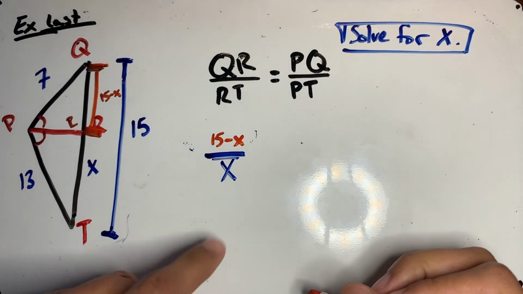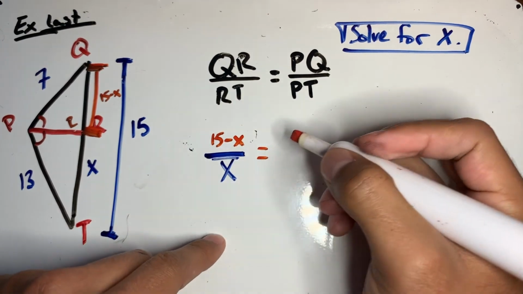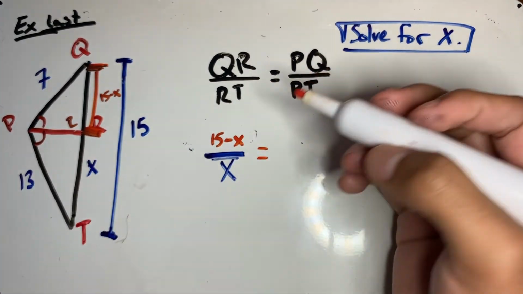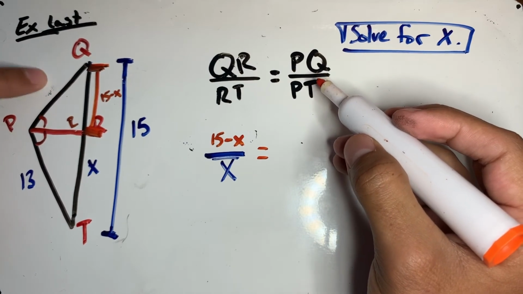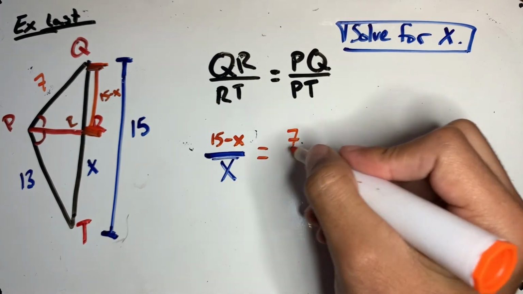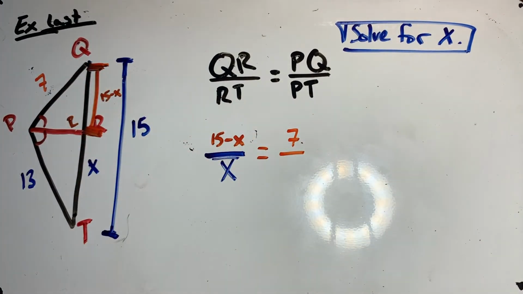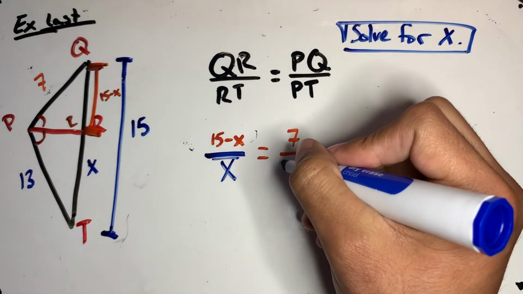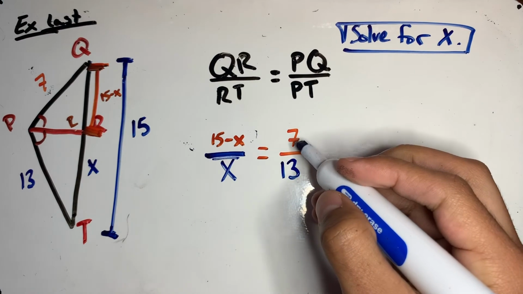Okay? And then it's going to be equal to, and just to keep it consistent, PQ is from here to here. So I'm going to change that to orange, 7. So 7 over PT, which is 13. All right. And now we go about it.